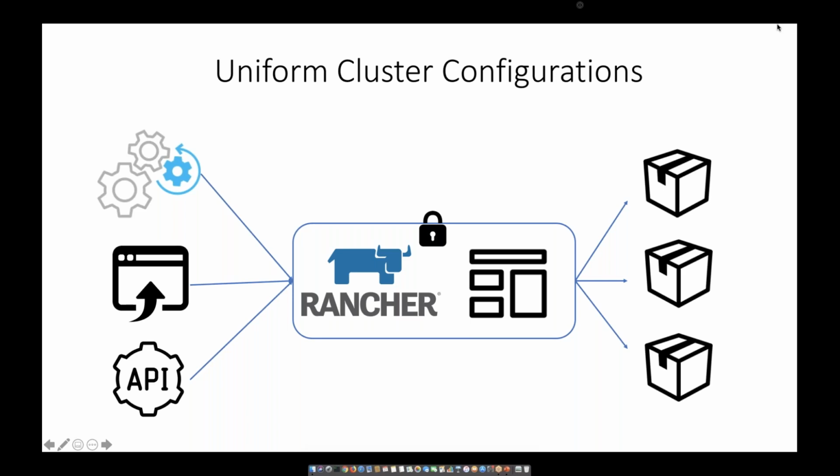It could install your monitoring agents and any other tooling that you need on every host before turning those clusters over to your users. And we think this is going to be a pretty powerful set of features.